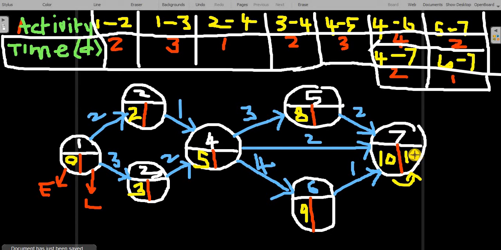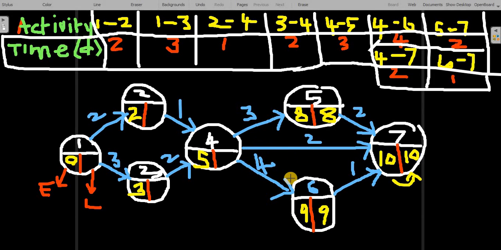Now you are just subtracting and writing, that's all. Subtracting this activity time from this latest time, you will get the latest time of the previous event. So 10 minus 2, you will get 8 here. 10 minus 1, you will get 9 here.